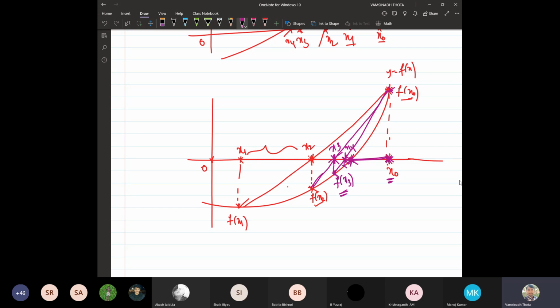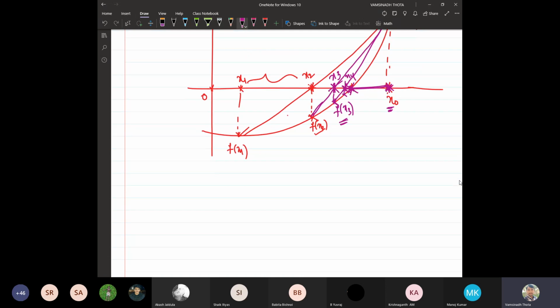Basically, in all the iterations, one of the initial approximations, either x0 or x1, will be fixed. Only one of the endpoints of the interval is going to change.